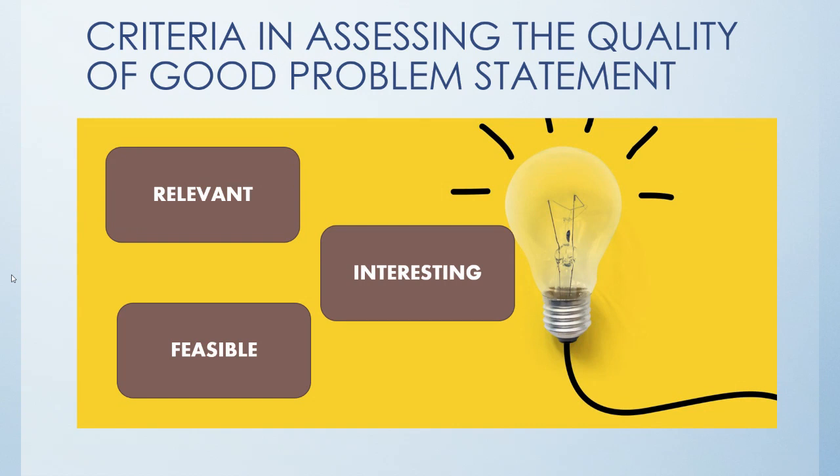And then the second element, whether the problem statement is good or not, is feasible. Feasible meaning that the capability of the researcher in completing it given the restriction that the researcher might have.